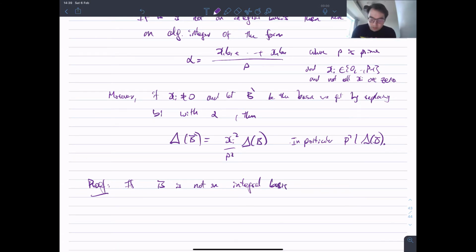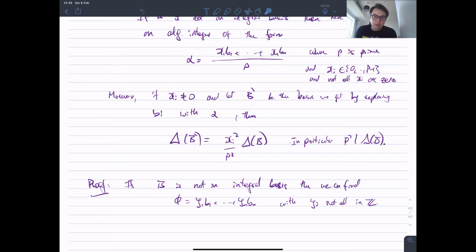Then we can find some element of the following form, say some phi, which I'm going to write as y1 b1 plus ... plus yn bn, with the yi not all in Z. Had it been an integral basis, then every algebraic integer can be written in terms of that basis and the coefficients will all be integers.